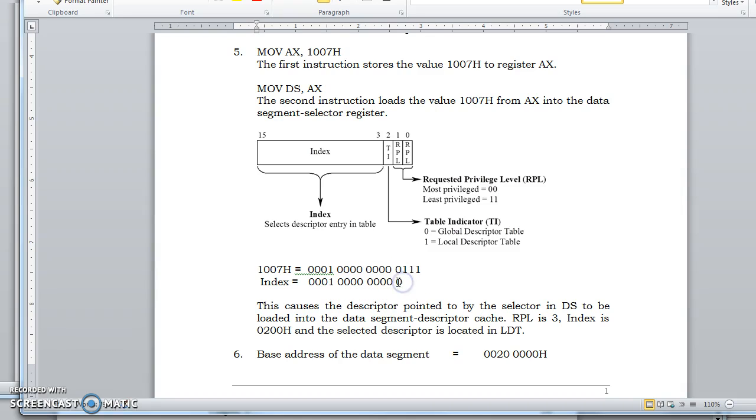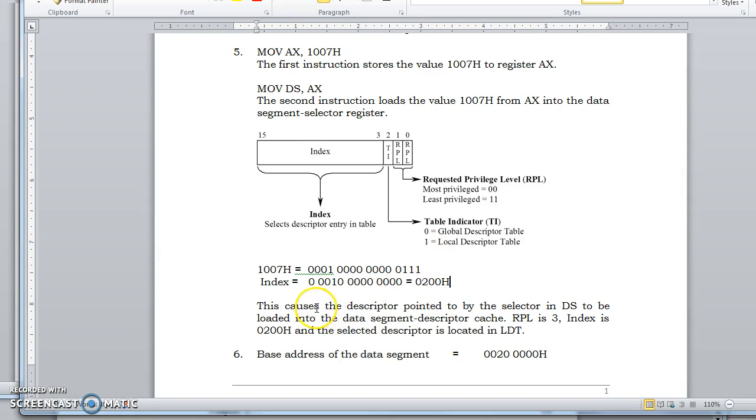If we count from the least significant bit on the right, this is 4 bits, this is another 4 bits, and this is another 4 bits. So this is equal to 200H. So this will be the index.